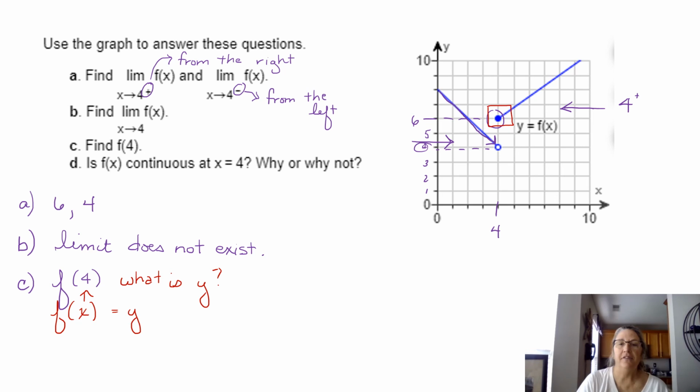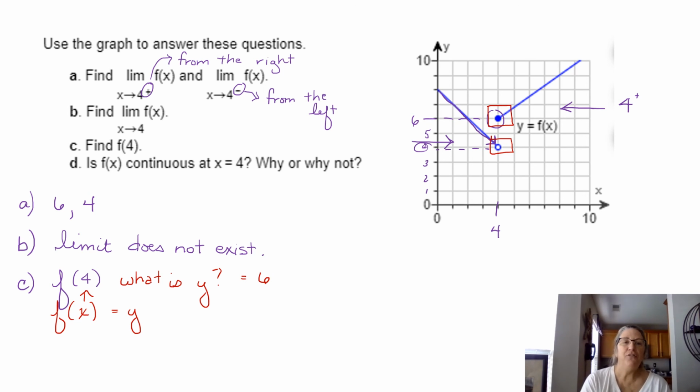We've got the 6 and we've got the 4. Because the 4 is an open circle, it's not there. We have to choose the closed circle because that tells us that when x is 4, it is at y equals 6. So our answer to C is 6.